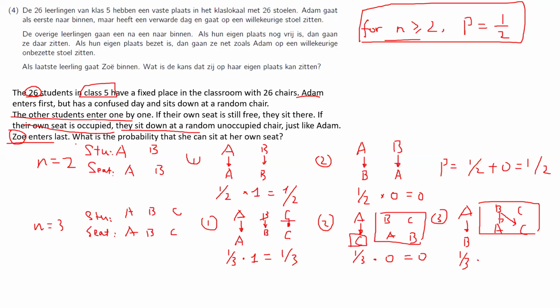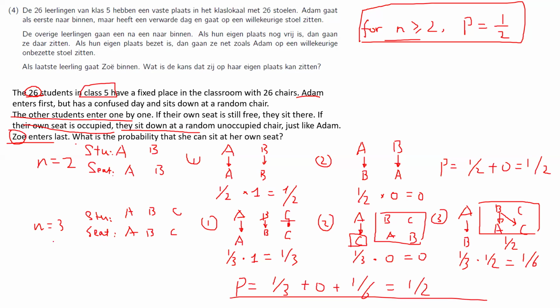If B selects A, then C gets her own seat, so actually there's half of the chance. That is half of the probability that C is still able to sit in her own seat. So it's 1/3 times 1/2, which is 1/6. So the whole probability is 1/3 plus 0 plus 1/6, which is also 1/2. So our statement is also correct for n equal to 3.